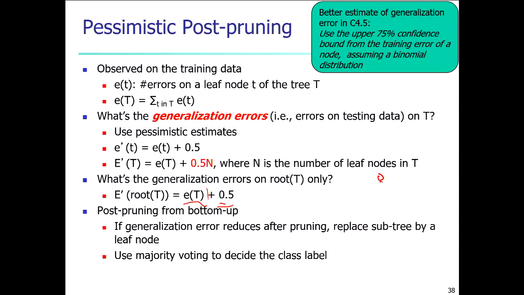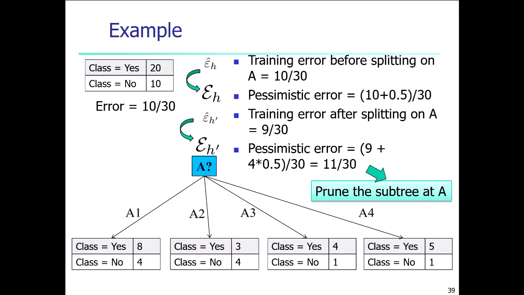Then we replace the subtree by a leaf node. And after we replace, it's like we're pruning the subtree. Okay, so after we prune the subtree, we use majority voting to decide the class label.